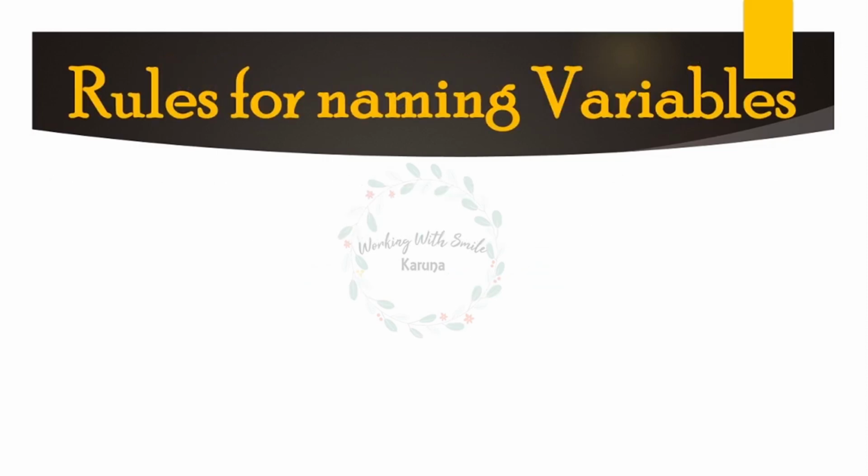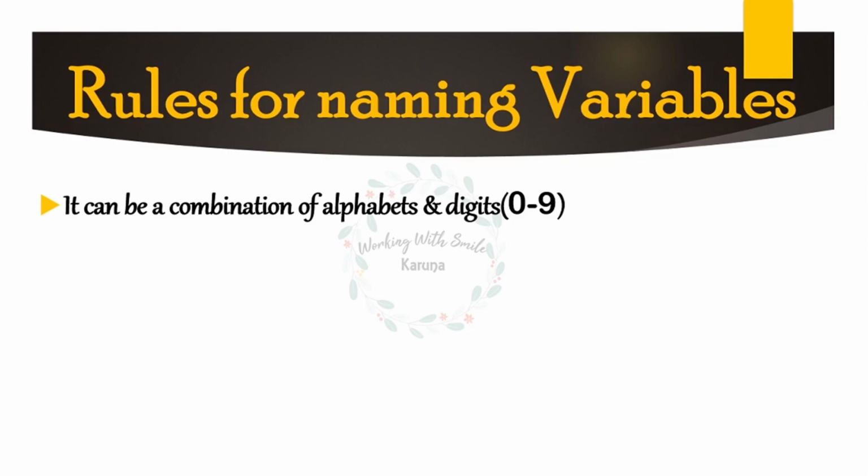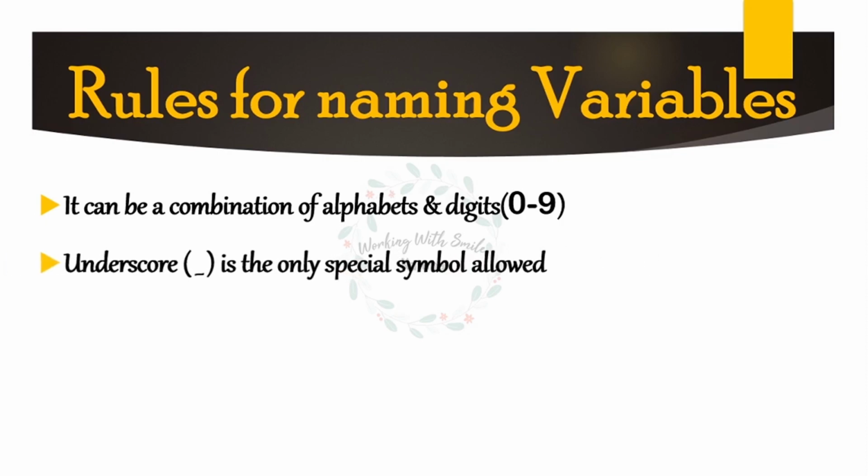Before we start working with variables, we must know about rules that must be followed to name variables in Python. The name of the variable can be a combination of alphabets and digits, which can be from 0 to 9. The only special symbol which can be used in variable names is the underscore symbol. It can be used to separate large variable names.